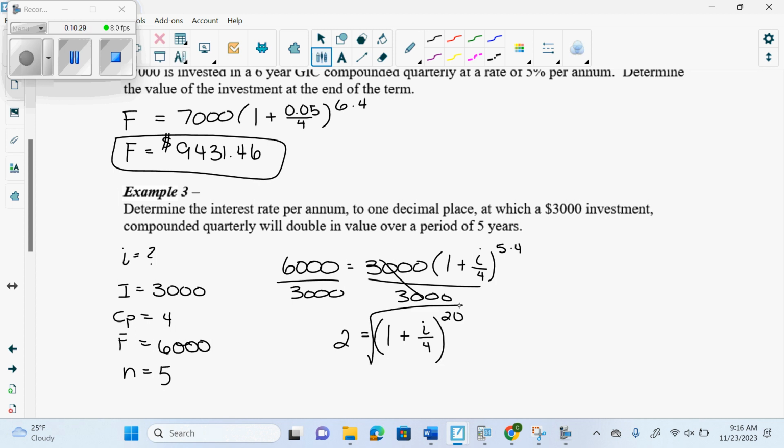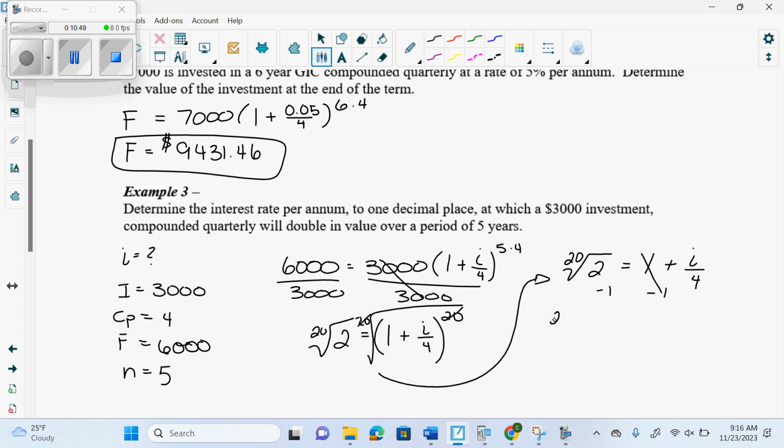Then I take the 20th root, and myself, I actually do not write this down as a decimal. I write it as the 20th root of 2. So I get the 20th root of 2 equals 1 plus i divided by 4. So the next thing I have to do, reverse BEDMAS, I subtract 1.